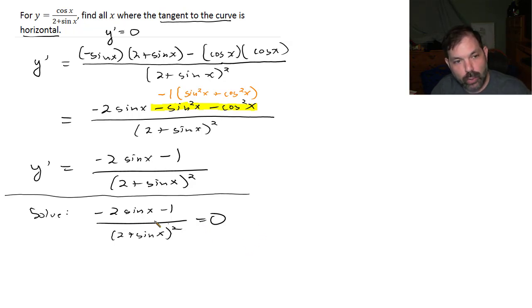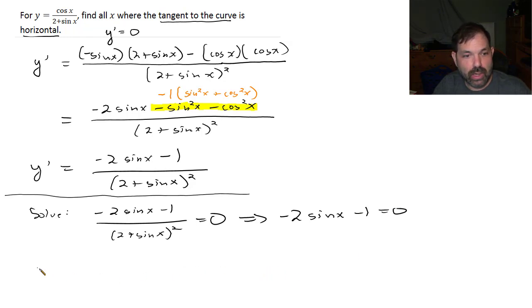So if we wanted to solve this equation, this is equivalent to writing negative 2 sine x minus 1 equals 0, which implies that sine x is negative 1/2. So then we just have to say, where is the sine negative 1/2?